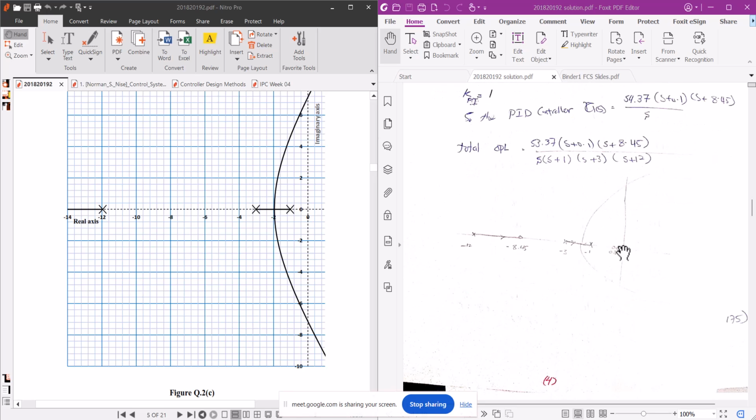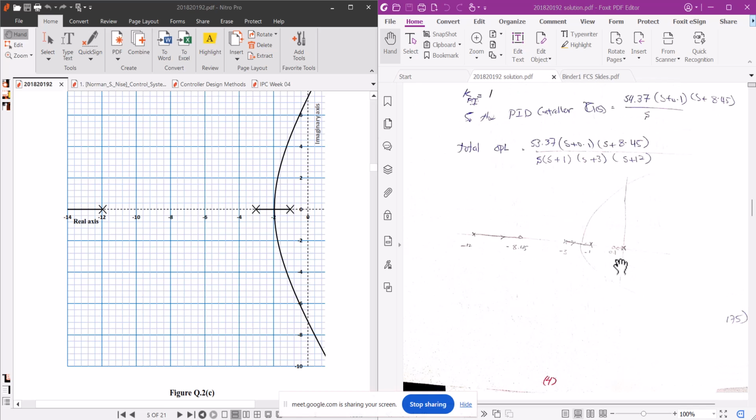Here you can see that this pole and this zero... there is root locus on the left of an odd number of poles or zeros: 1 is odd, so there is root locus; 2, there should not be any root locus; 3, yes, there should be root locus here. So minus 1 to minus 3 it goes like this. Then you have a zero at minus 8.45 and then minus 12. This pole will end up here. So 1, 2, 3, yes, 4, 5, yes.